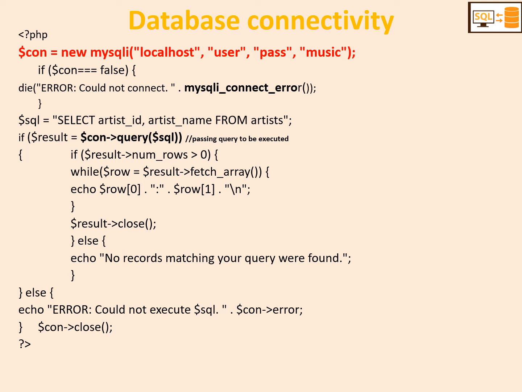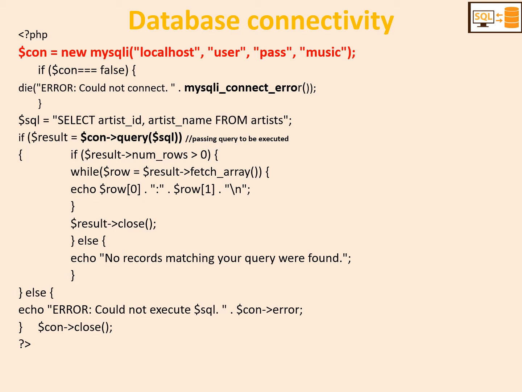Here we can see an example code which shows database connectivity to a MySQL server, and I am using some dummy connectivity values. This is a PHP scripting tag, then $connection is equal to new MySQLi localhost user pass music.